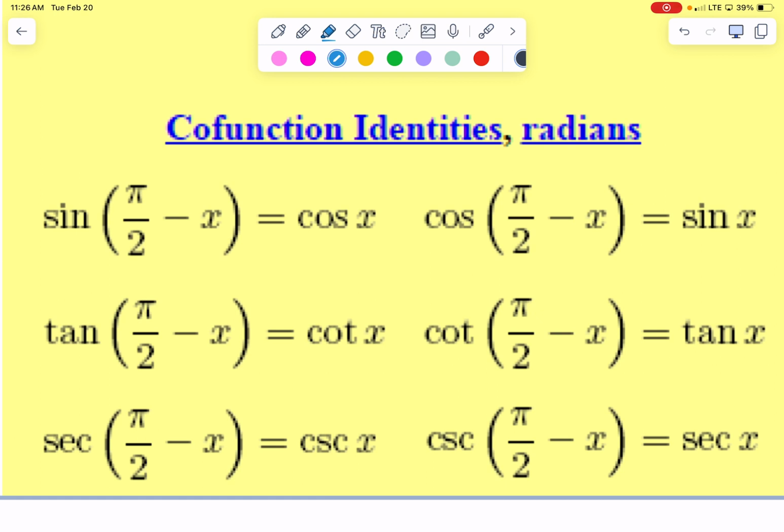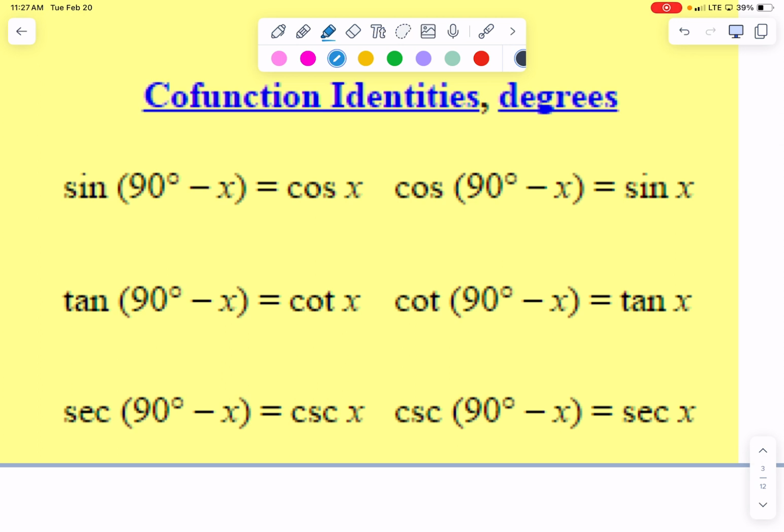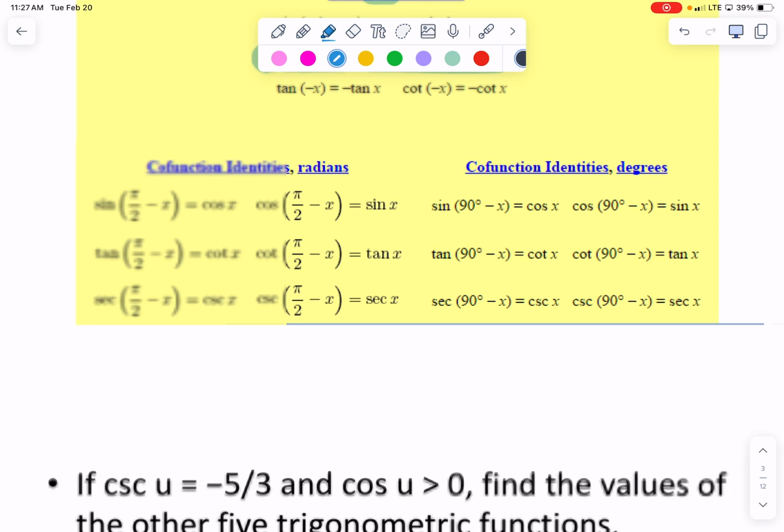You can see that sine is kind of cosine moved over by pi over 2, to the right. Tangent and cotangent and secant and cosecant work the same way. Here's the same thing with degrees.